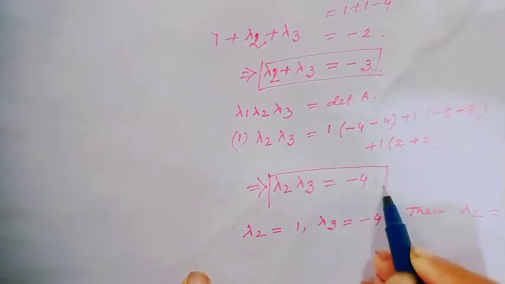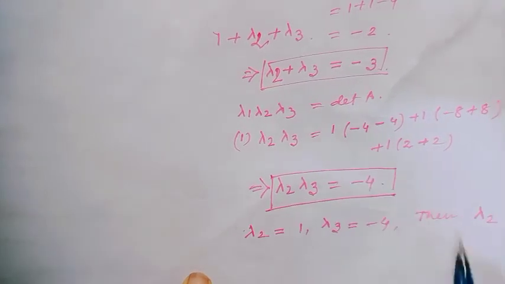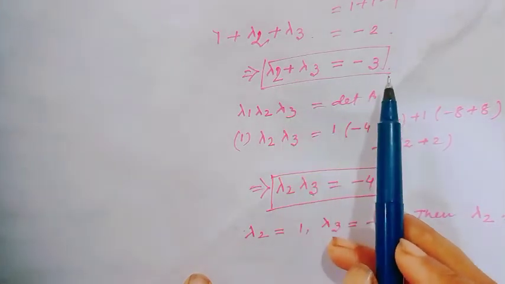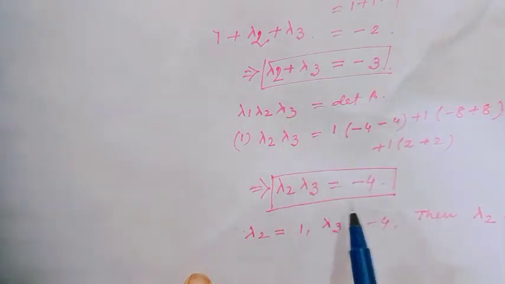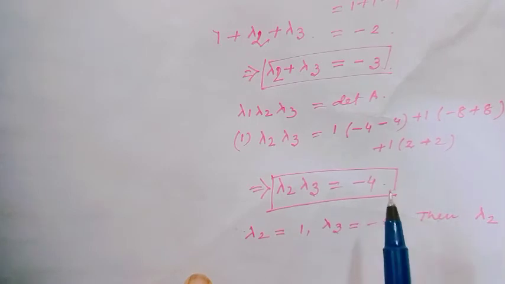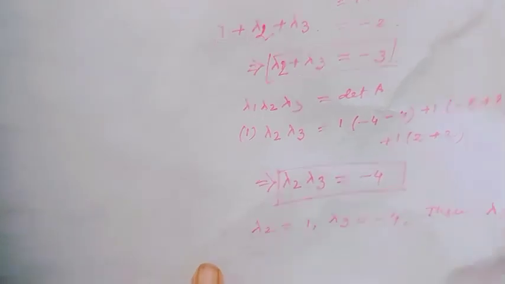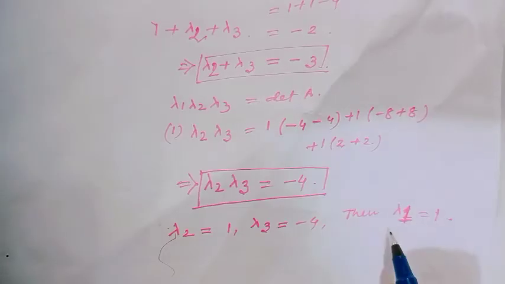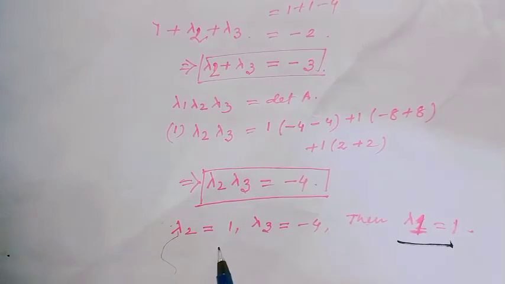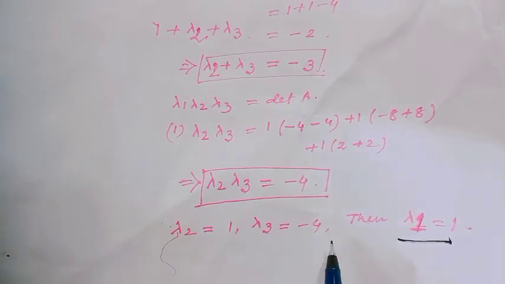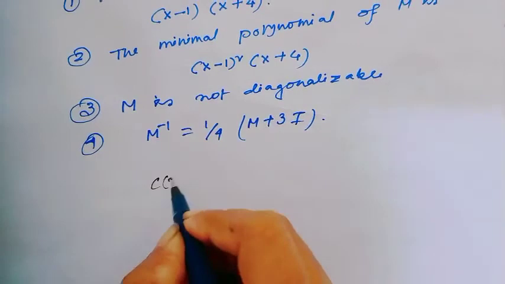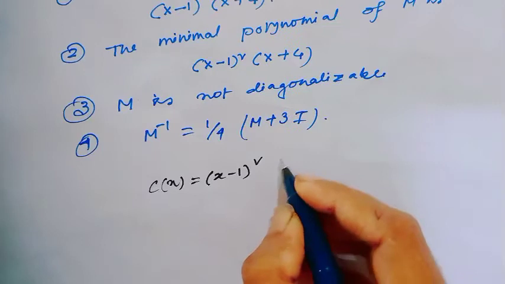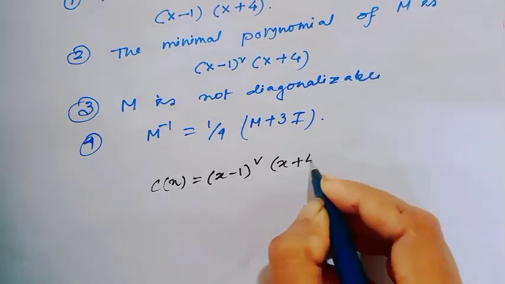That means lambda 2 times lambda 3 equals minus 4. Since lambda 2 plus lambda 3 equals minus 3 and lambda 2 times lambda 3 equals minus 4, after solving I get lambda 2 equal to 1, lambda 3 equal to minus 4. So the eigenvalues are 1, 1 and minus 4. The characteristic polynomial would be x minus 1 whole square times x plus 4.